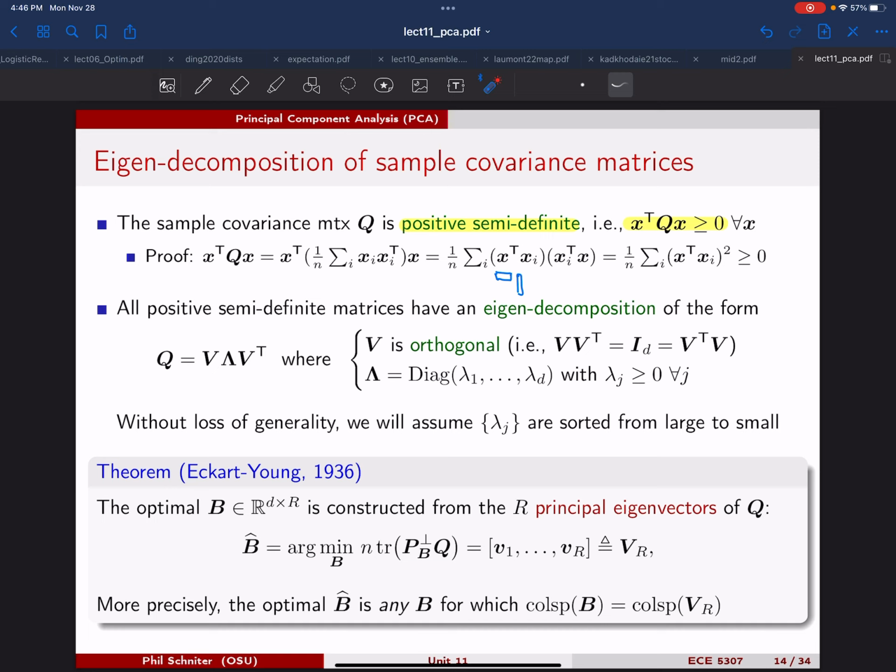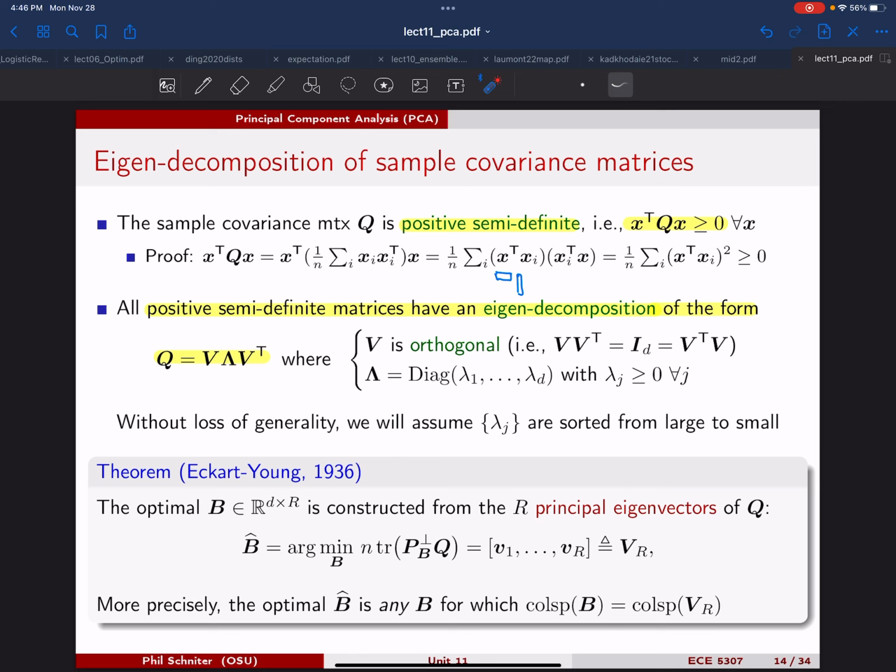Okay, so now the reason we care about that is if you have a positive semi-definite matrix, then the eigendecomposition has a very particular form. You can write it as a matrix V times a diagonal matrix lambda times the same matrix V transpose. And V is a special matrix. It's an orthogonal matrix, meaning all of its rows are orthogonal to each other and unit norm.